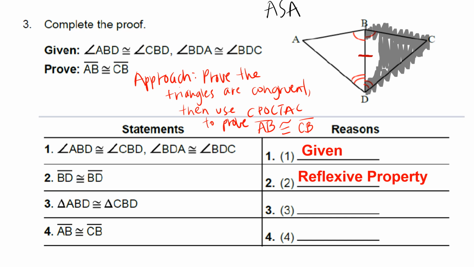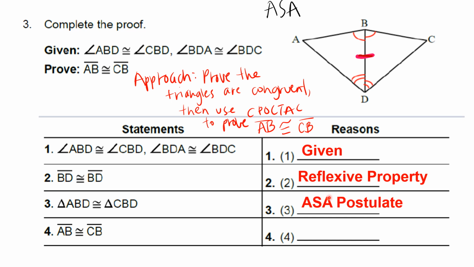That way, whenever you are writing these proofs, you have that to reference. So we said that this is angle, side, angle postulate. And I'm not picky on this. I don't care if you write angle, side, angle, or if you write angle, side, angle postulate. Either way is fine. If you just write ASA, that's fine with me.